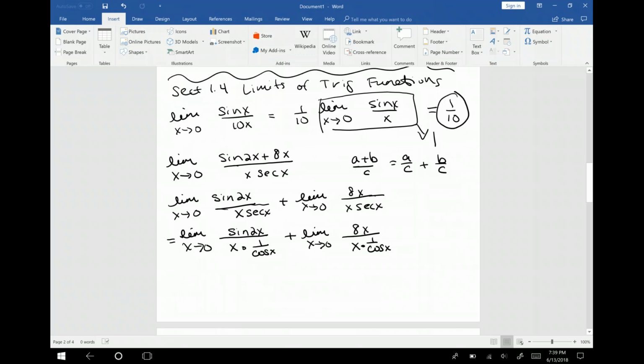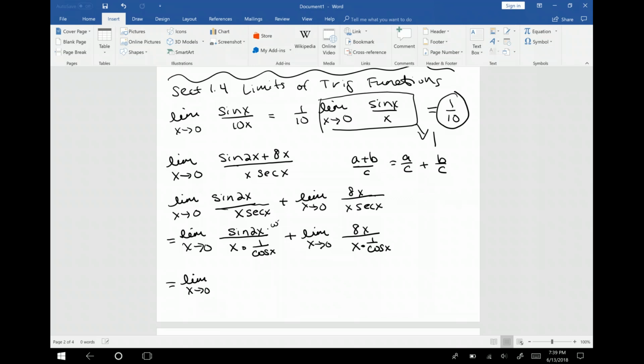Okay? And then let's see what we can do with that, because we're trying to see if we can get it to look like sine of x over x, or just trying to get something where we can take a limit where we don't have 0 in the denominator. So let's say this is equal to the limit as x goes to 0 of, in order to clear this fraction here, I could multiply the top and the bottom of this fraction by cosine of x.